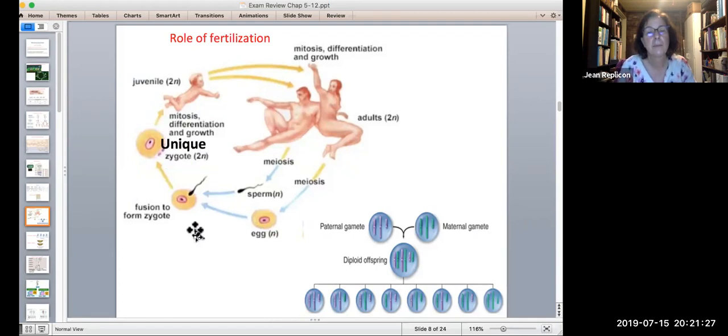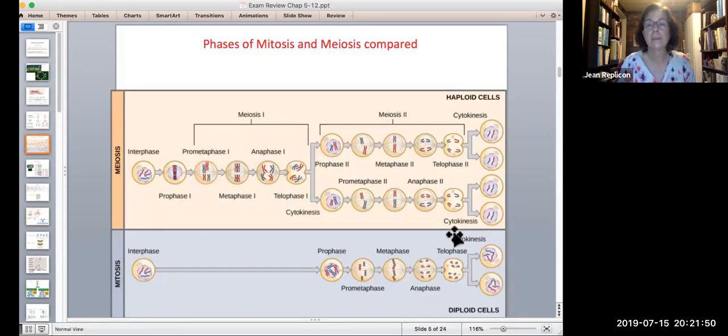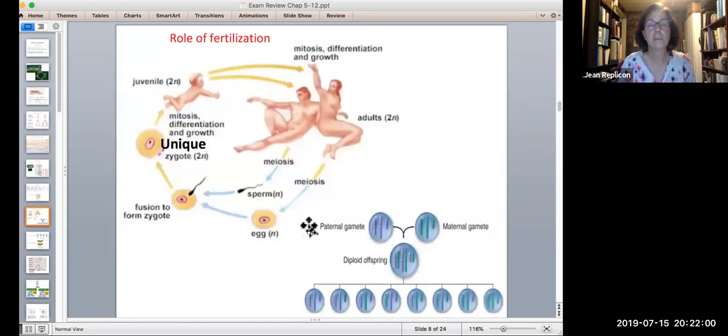And because this was haploid and this is haploid, their fusion is going to make a diploid zygote. And many different combinations are possible. In addition to that, the egg and the sperm are a result of meiosis. And in meiosis, crossover events can happen. And so the combinations are even greater than that because of the possibility of crossover.